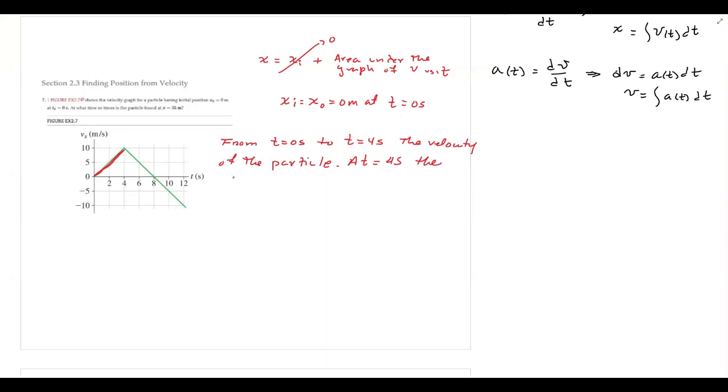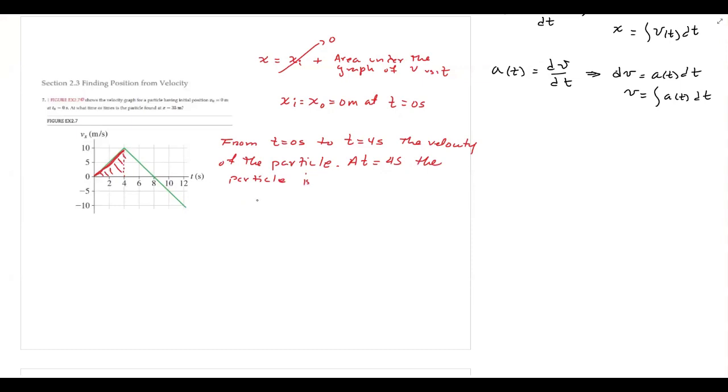Now, at t equals 4 seconds, what is going to be the particle's position? I will find the area under this portion of the graph.